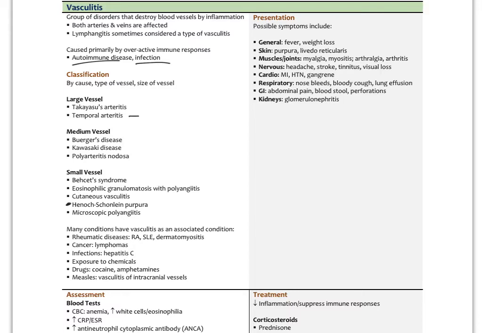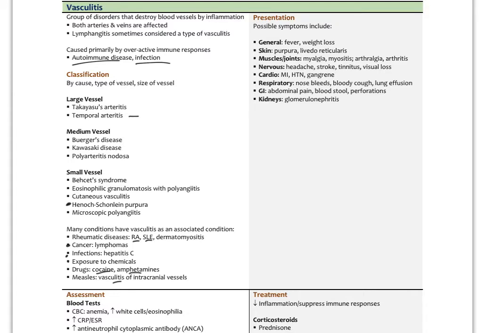Causes the purpura type lesions. And then many other conditions such as rheumatic diseases, rheumatoid arthritis, lupus, cancers like lymphomas, hepatitis C infection, exposure to different chemicals, different drugs like cocaine, amphetamines, and then measles virus can cause vasculitis of intracranial vessels. So all of these would be different types of vasculitis.